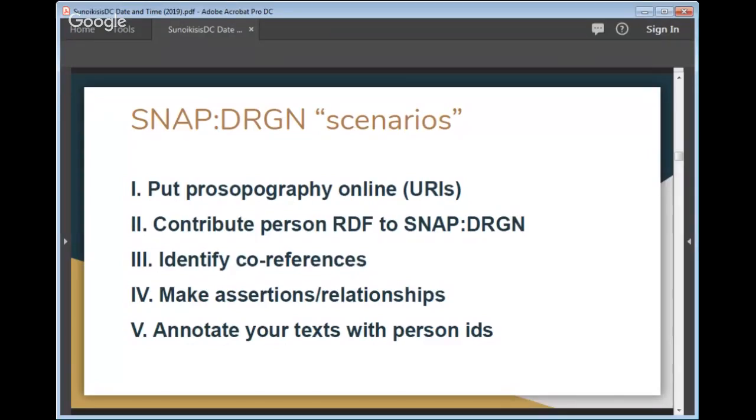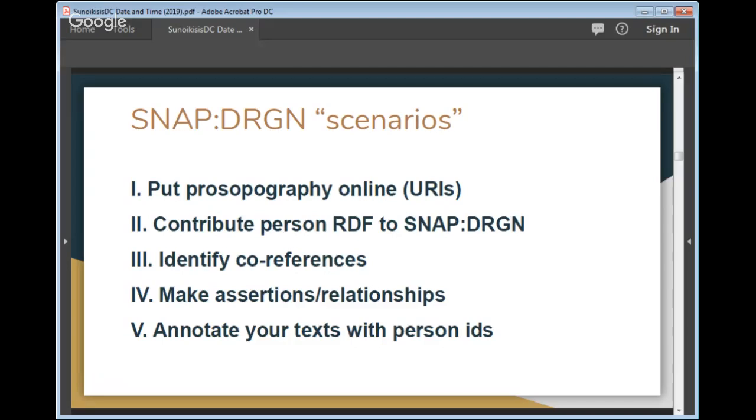Another is how we identify when two prosopographies are talking about the same person record, and how we might make scholarly assertions on that data. I think this person is the same person as that, even though their primary sources are different. I think this person is related to that person. I think this person maybe didn't die in this year that the prosopography claims they did, and I have the following arguments for why. And finally, annotations on texts with these person IDs.